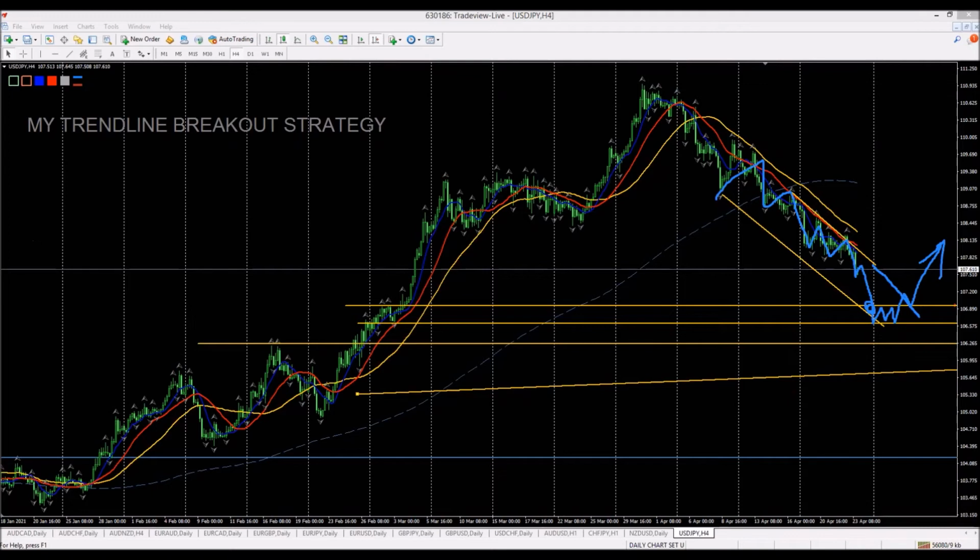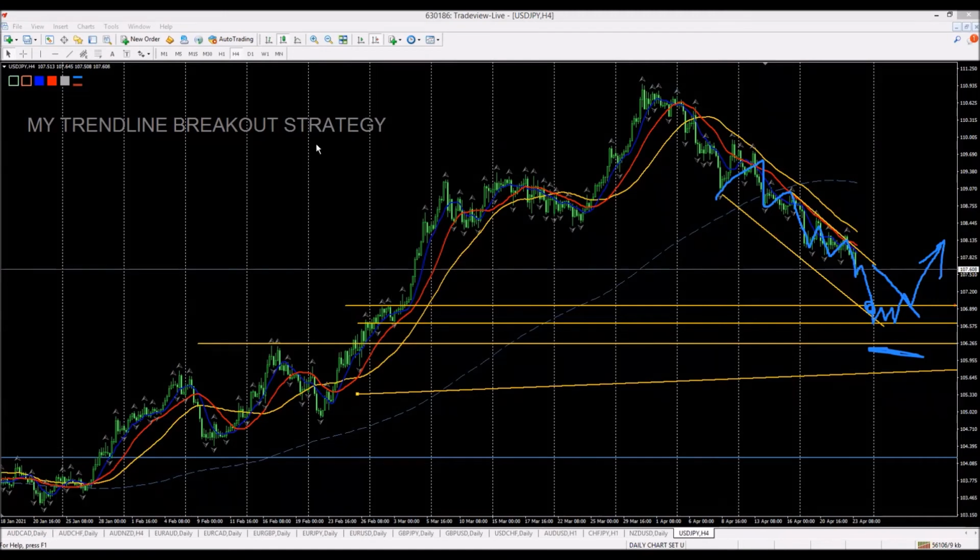Now, what is our risk? Well, of course, if we're wrong, we'll have a stop beneath. But additionally, our risk is this crazy pair called the Japanese yen. And why do I say so?